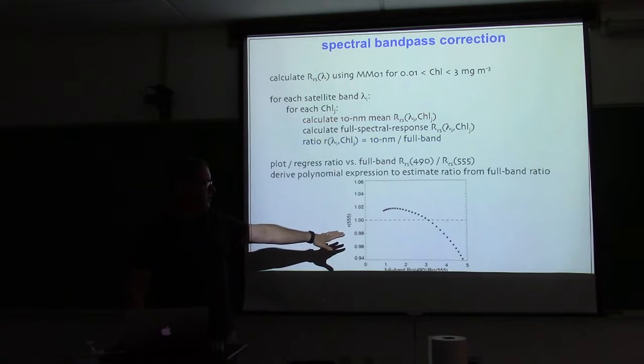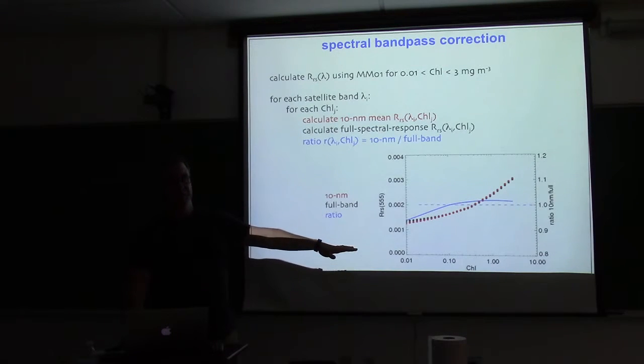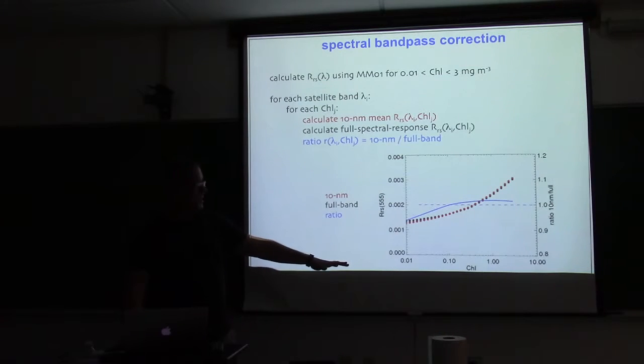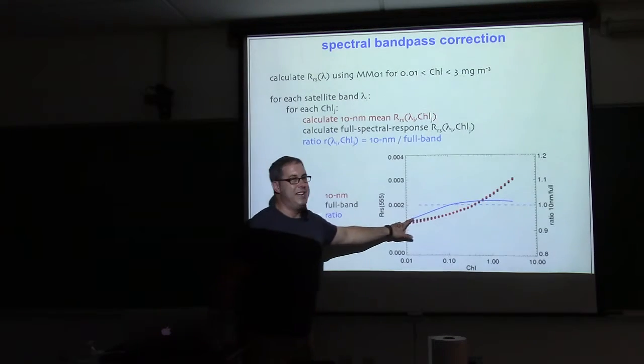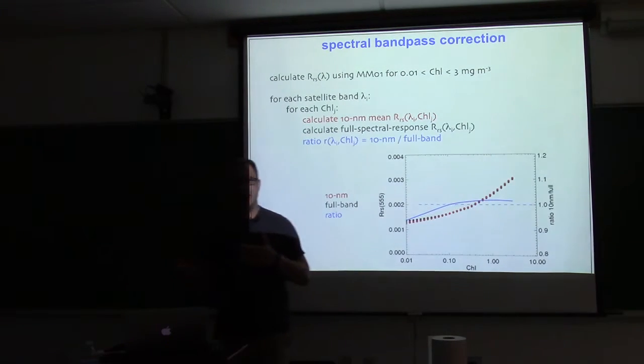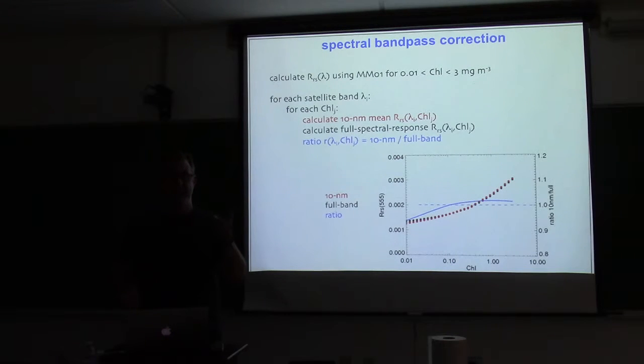We do it using chlorophyll, but now we can't use chlorophyll because we don't have that from the satellite yet. So really all we're doing is using this band ratio as a transfer function to get this blue curve into a ratio that we actually trust. I didn't explain that any better, did I?